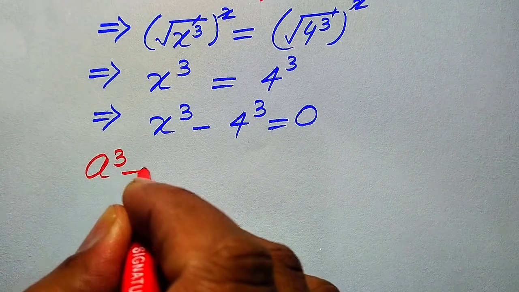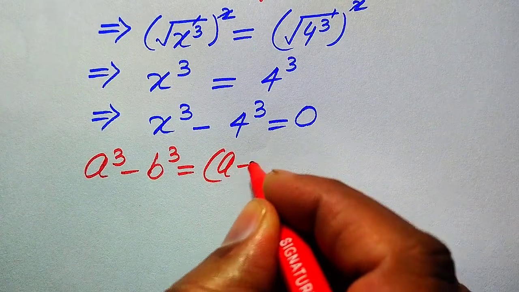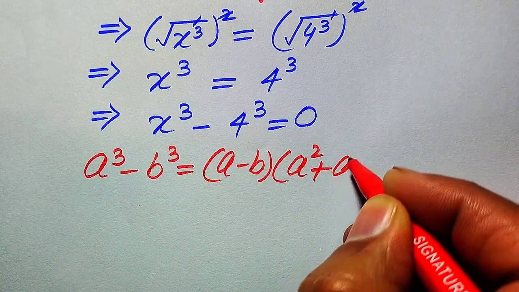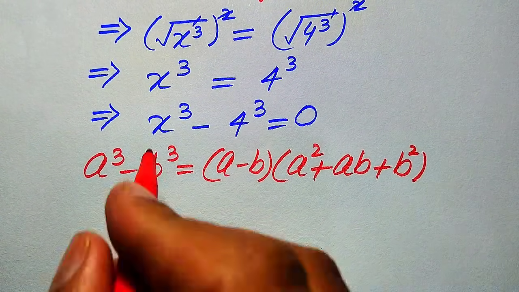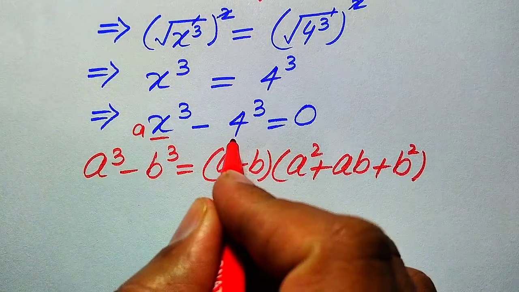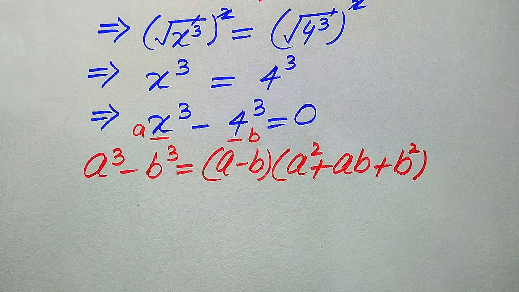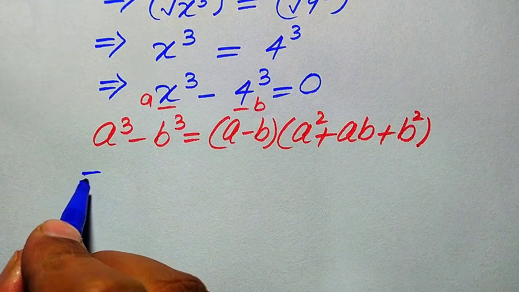You know that a cubed minus b cubed equals a minus b times a square plus ab plus b square. The base of the first term is our a and the base of the second term is our b. According to this cubic formula, we write our above cubic equation in this form.